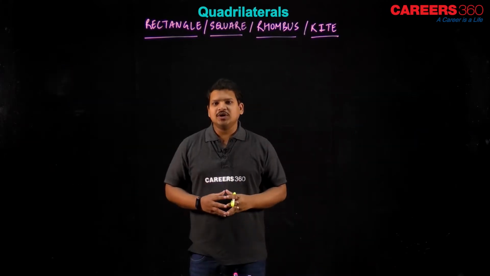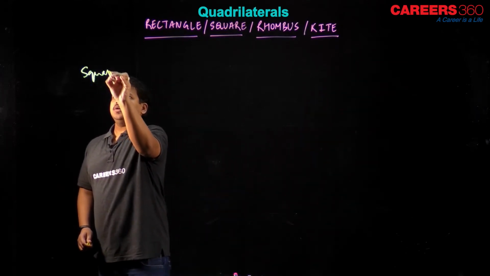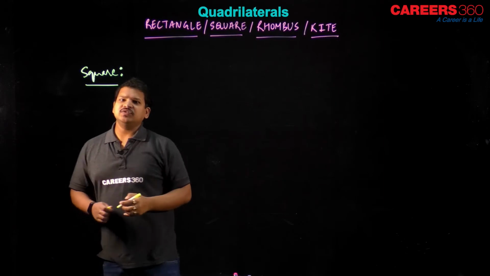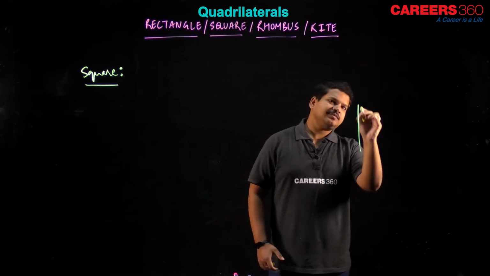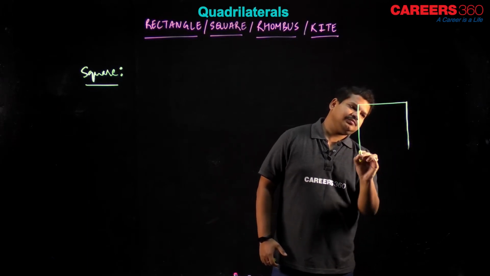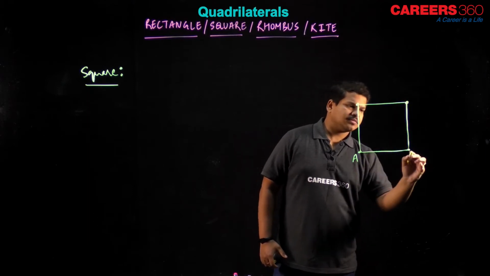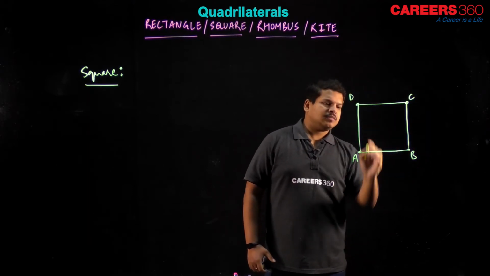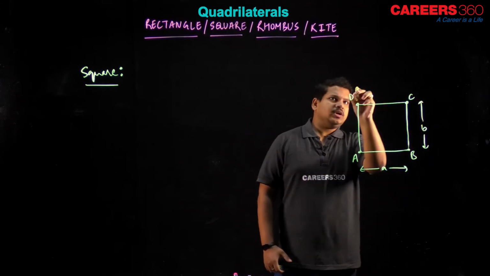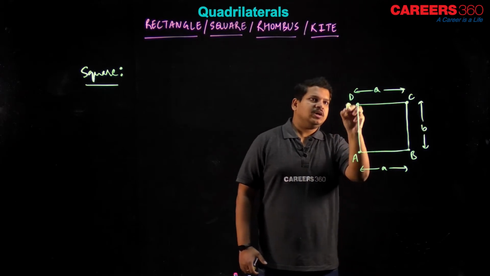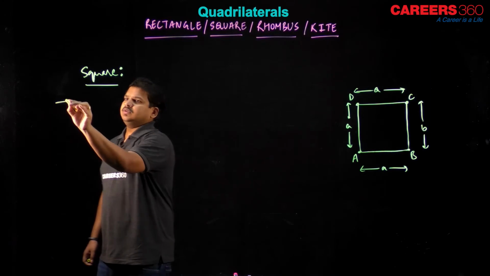Now, proceeding towards our next type of quadrilateral, and that is square. Now, square is one of the simpler ones. It has all the symmetry, right? That is, all the sides are equal. If this is A, then this is also A, this is also A, and this is also A. So, all the sides are equal.